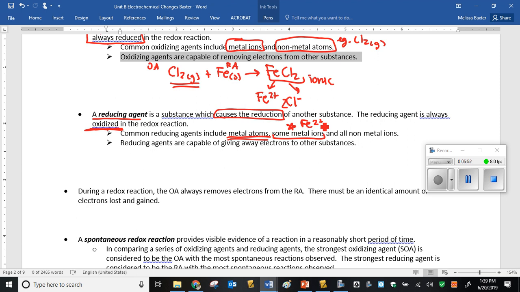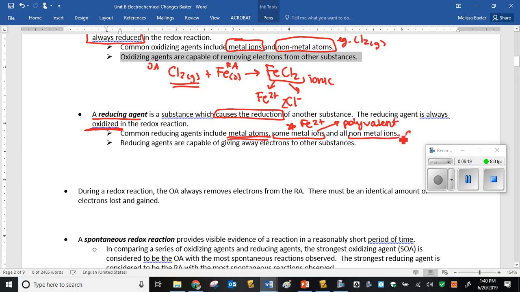Some metal ions could get reduced to form the metal or get oxidized to form a different version of that metal ion. So here we're talking about polyvalent metals, the ones that have more than one possible charge. That's the only scenario where you could see a positive ion getting oxidized, so acting as the reducing agent.